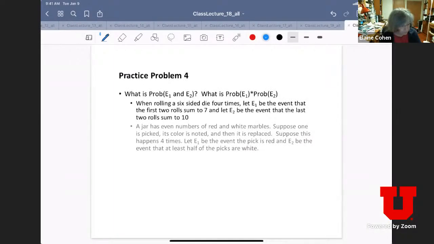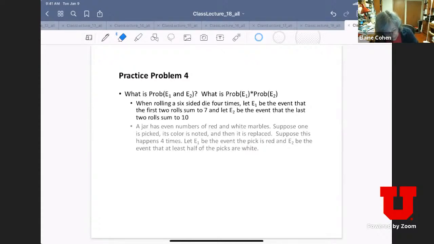Okay, so let's look at this problem. We're going to look at 2 parts of it. So here we're looking at rolling a 6-sided die 4 times. I got confused, notice. Last time I thought it was wrong. So here, what's our sample space?